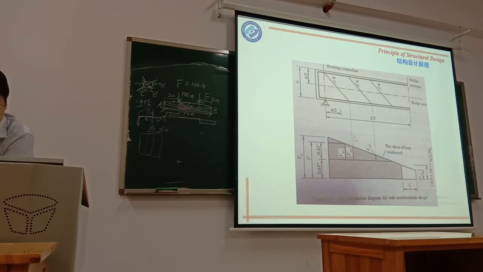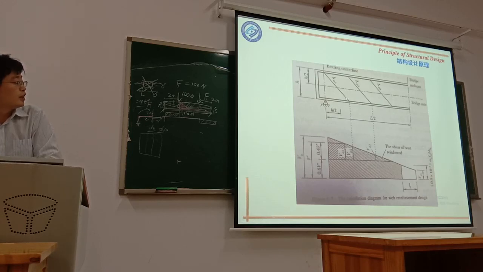And same thing, at the second bend up point, this shear force is used to design the third bend up reinforcement. So that means at this point, how much reinforcement we need to bend up depends on the shear force, how much shear force we need to resist.